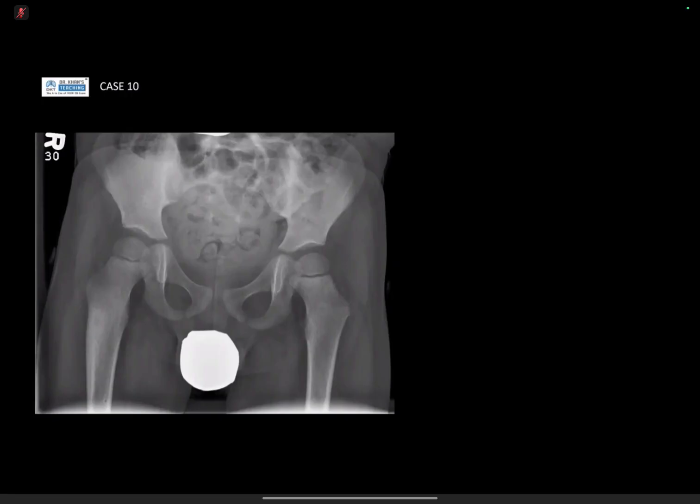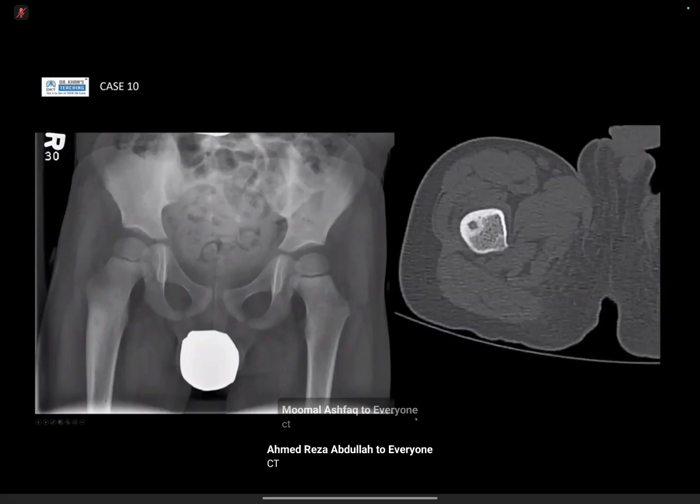Good. Okay. So you tend to see on the MR the reaction, right? You tend to see diffuse marrow edema. Which modality would clearly show you the nidus? So bone. So for nidus, it would be CT. Okay, good.